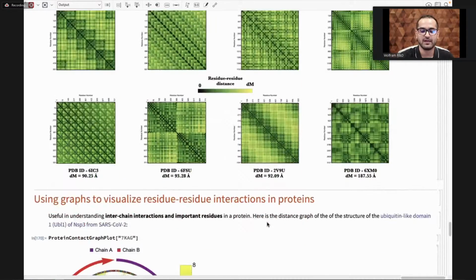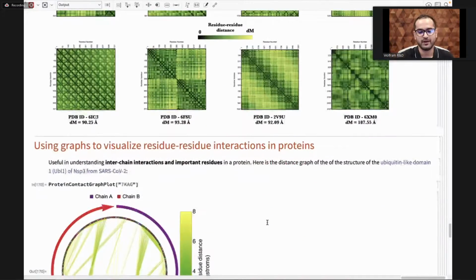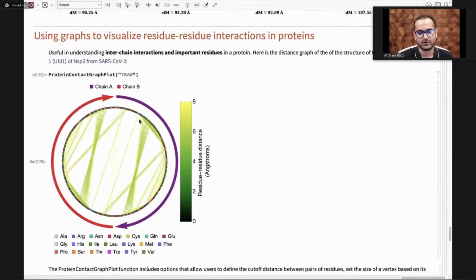But you can do the same in the form of a graph. That's why I created the protein contact graph plot function. This is basically a circular graph where in the tooltip you can see the residue information for individual residues. And this shows you the chain from N to C terminal.